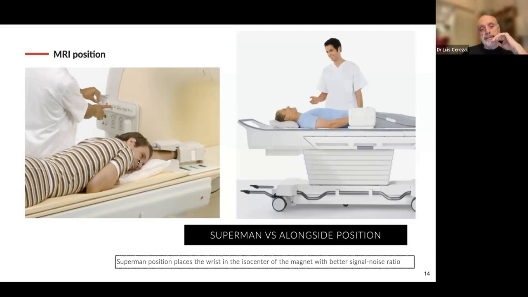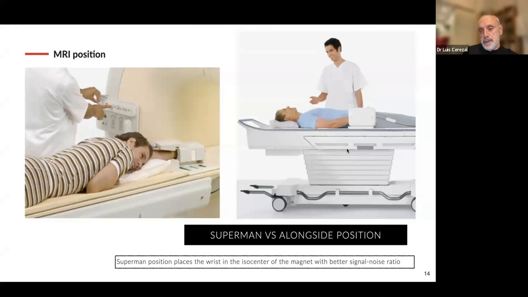But the quality of the studies is optimal because the coil is positioned in the isocenter of the magnet, and the signal-to-noise relation is optimal, and we have very good, high spatial resolution images.